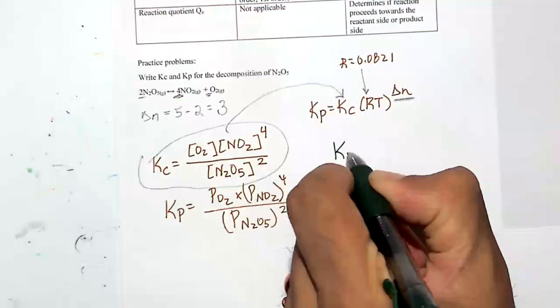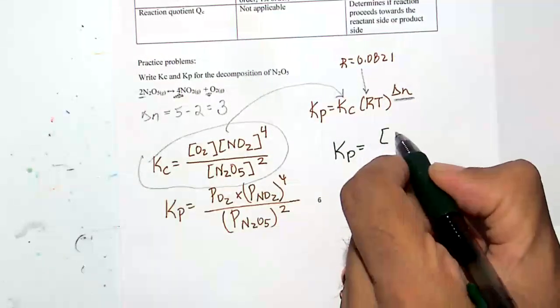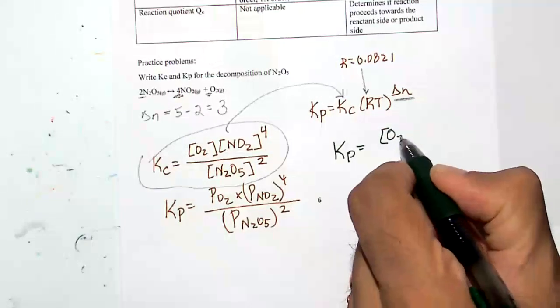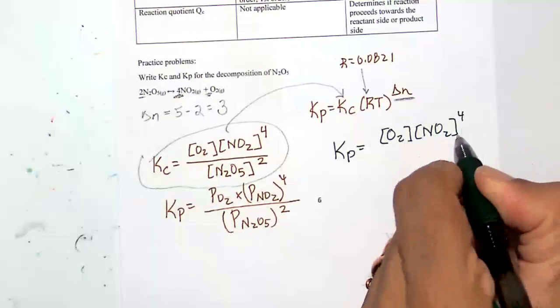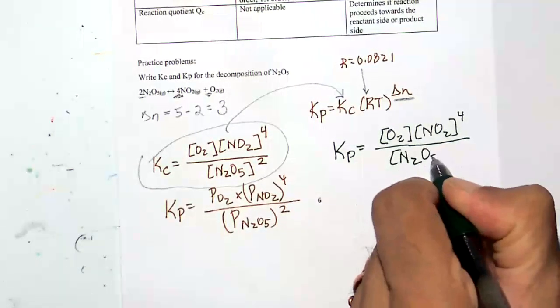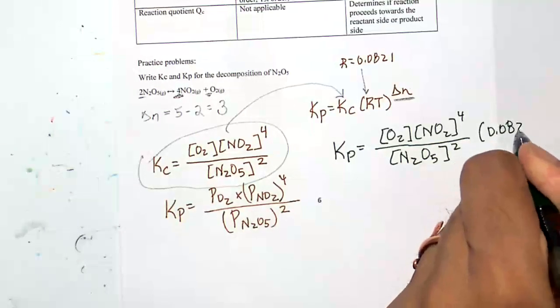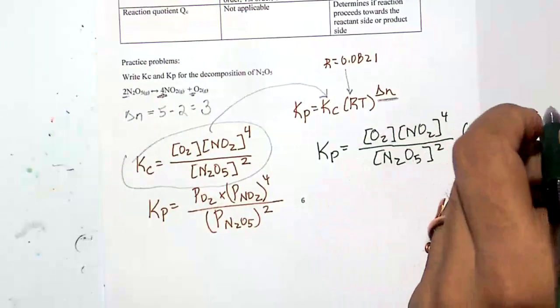So let me just do a little expression here. Kp is going to be, I'll substitute Kc here, times RT, and that whole thing is cubed.